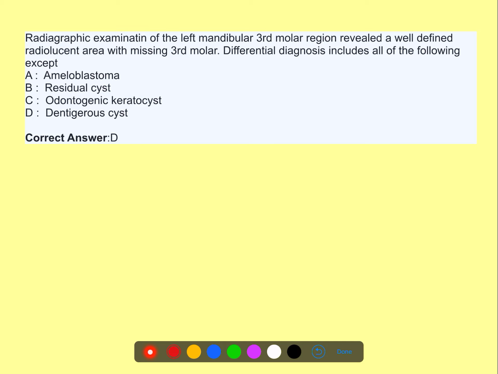Radiographic examination of the left third molar region revealed a well-defined radiolucent area with missing third molar. Differential diagnosis includes all of the following except. So you can think about ameloblastoma, residual cyst, odontogenic keratocyst, even in the absence of the teeth also.